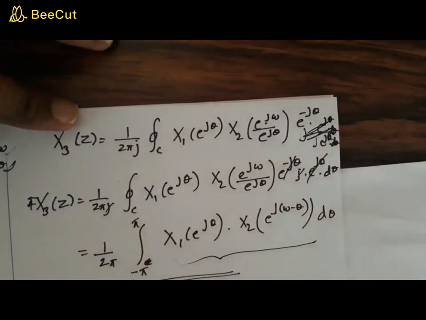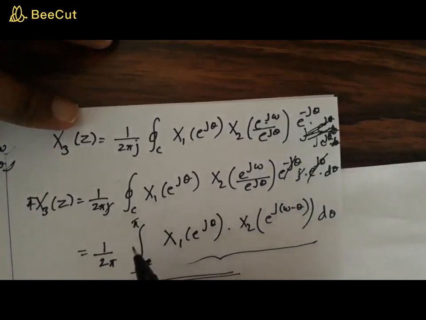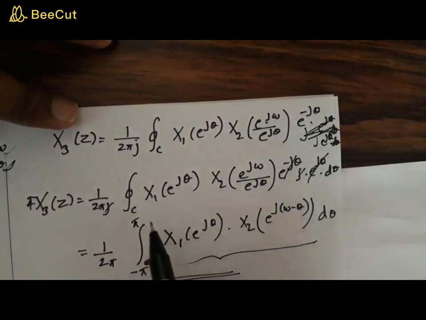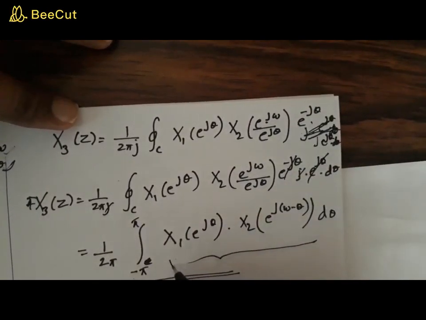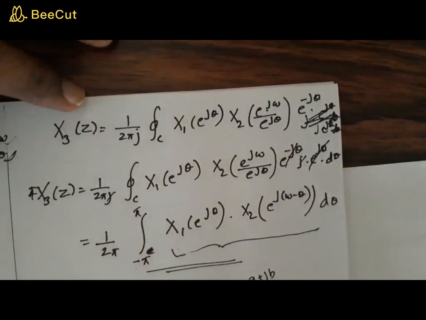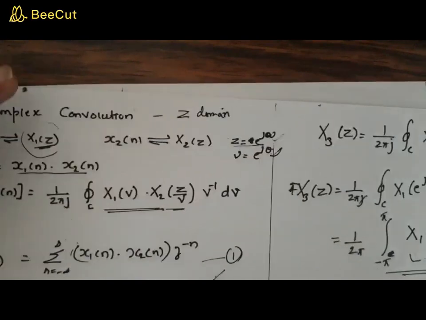This is angular, so altogether it has to rotate from 0 to 2 pi or from minus pi to plus pi. So this is circular in nature, therefore this corresponds to convolution in the frequency domain. Hence the property is called complex convolution.